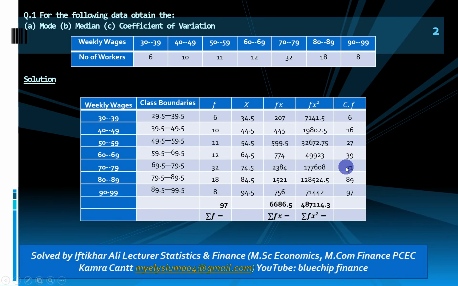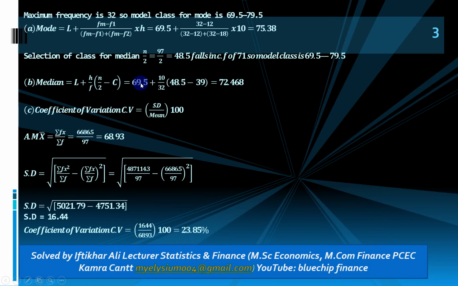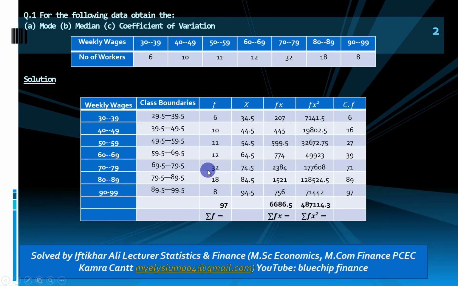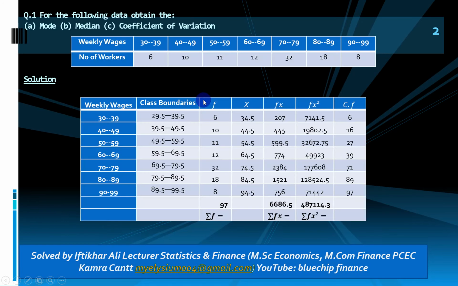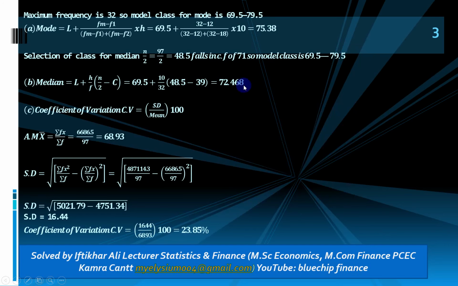L is 69.5, h is 10, f which is the frequency is 32 and n by 2 is 48.5 minus C. C is the cumulative frequency before the cumulative frequency of the median class. So 39 will be C. After putting the values into this formula, median will be 72.468.